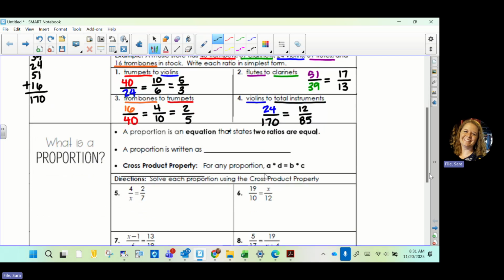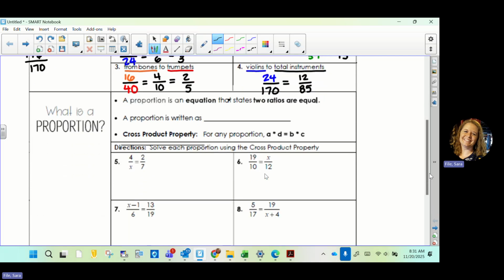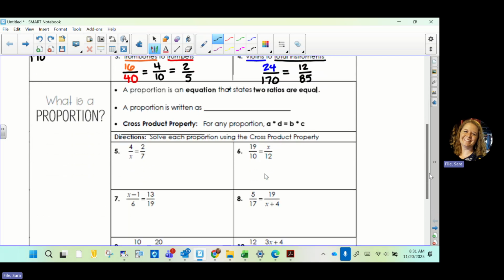All right, so now a proportion. So you may recall back in intermediate, y'all learned about proportions. It's when you set two ratios equal to each other. Okay, an equation, so that means set it equal. If you have an equation, you have an equal sign that states two ratios are equal. Okay, so we write a proportion like that. I'm just going to use letters for this.